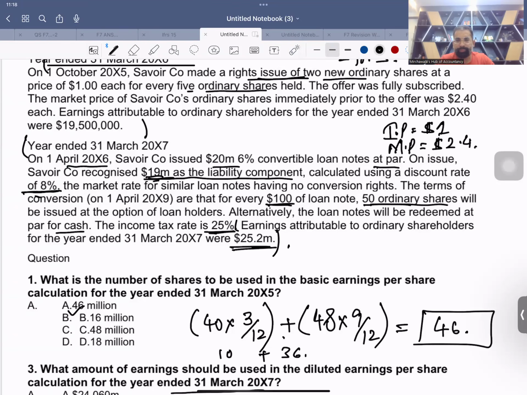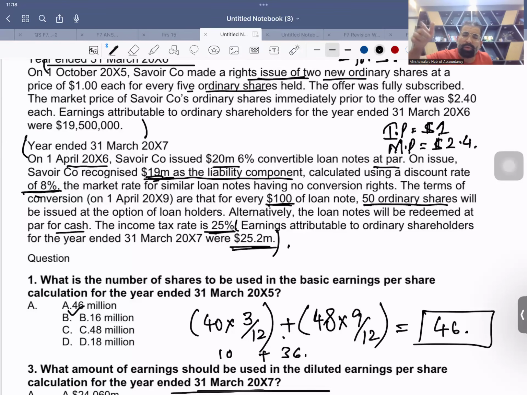Now just a recap of diluted EPS. What we do in diluted EPS is we just close our eyes and think that whatever conversion is going to happen in the future, like 3-4 years forward, if that conversion had taken place at the beginning of the year, what will happen? Two things will happen.